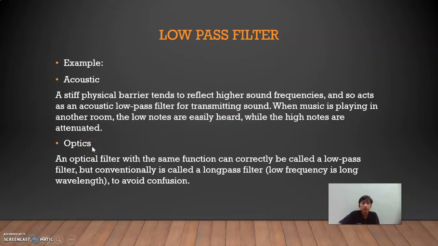For the optics example, an optical filter with the same function can correctly be called a low pass filter, but conventionally is called a long pass filter, which means low frequency is long wavelength, to avoid confusion.